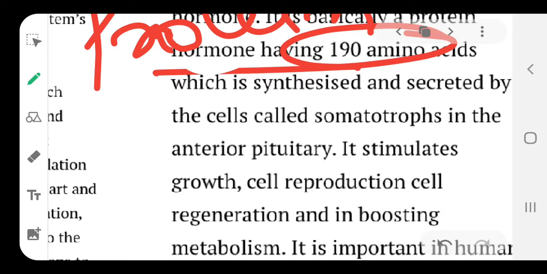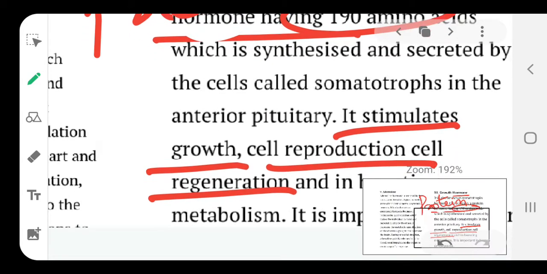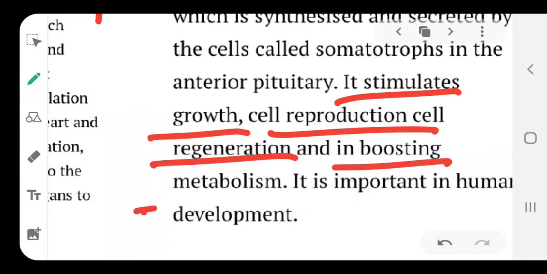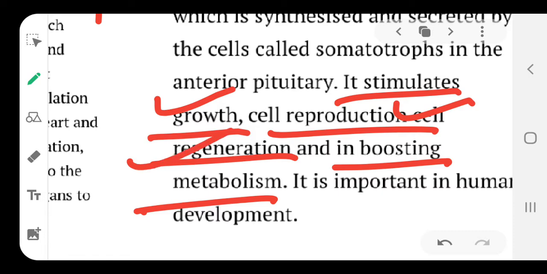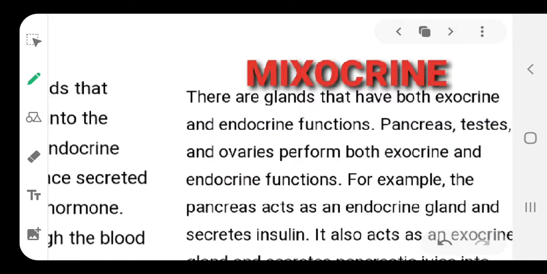It stimulates growth, that is the most important part of it, cell reproduction, cell regeneration, and boosting our metabolism. So underline all these four features. That is as far as your growth hormone is concerned.